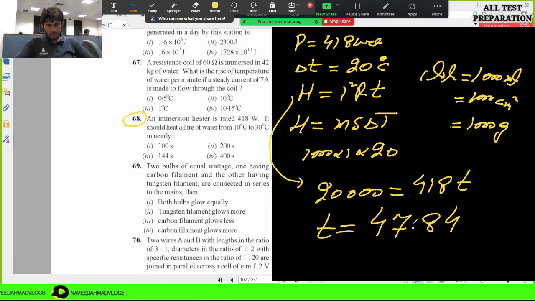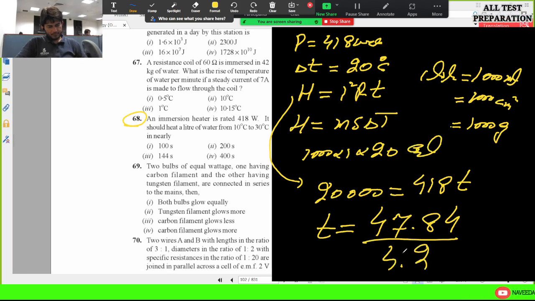Okay, this is actually in calorie, so you need to convert this into joule as well.